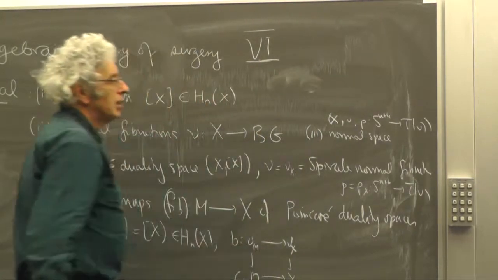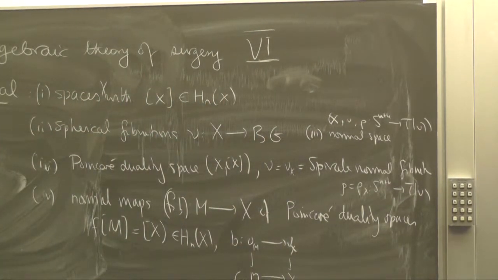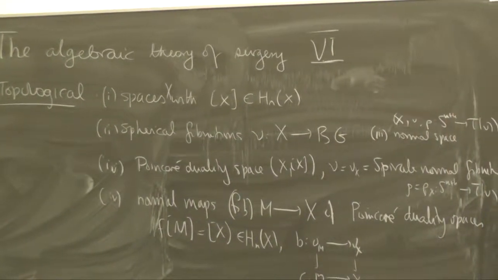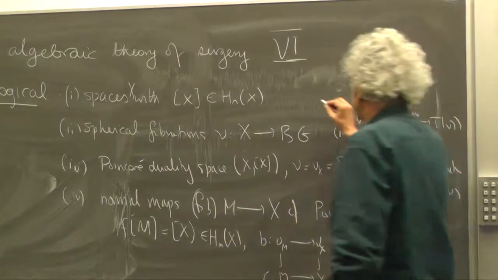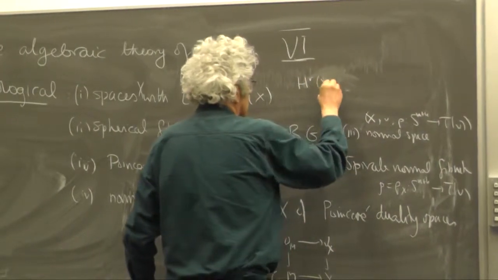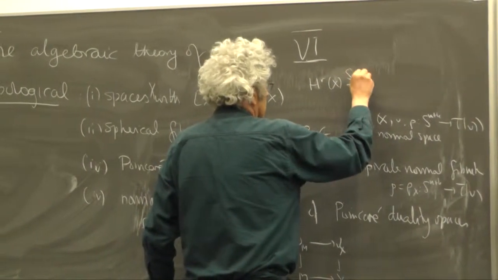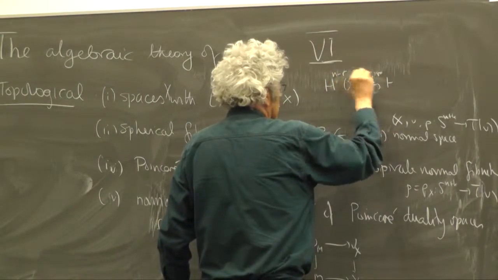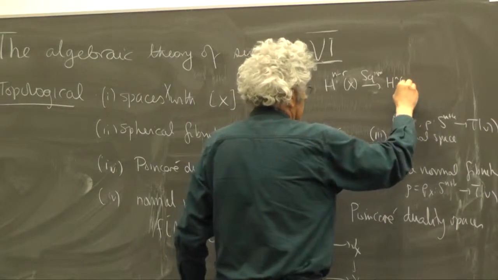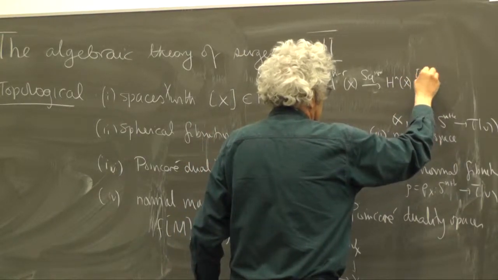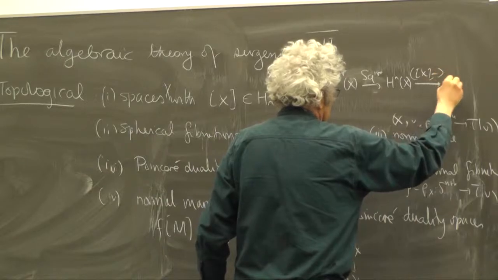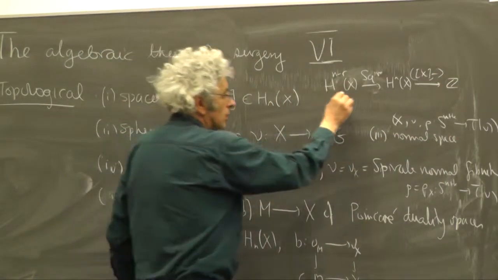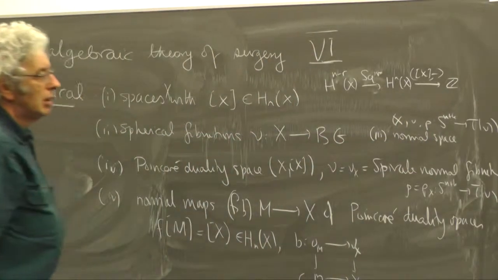I won't explain where these Wu classes come from directly, but it's actually Steenrod squares in cohomology. Z2. Okay, so it's basically the dual over here.